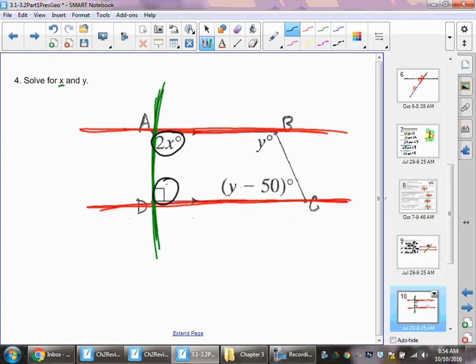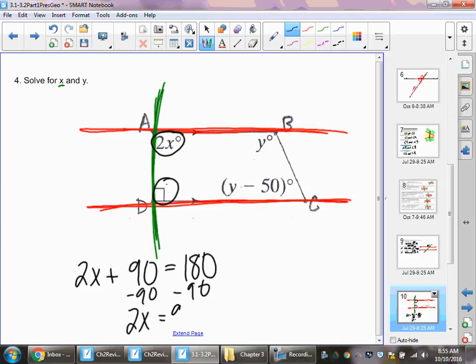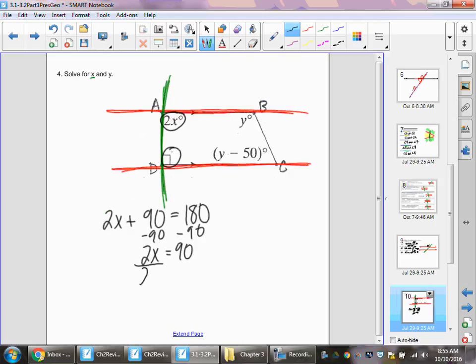So these are same side interior angles, which means they're supplementary. So I'm going to take 2x plus 90 and set them equal to 180 degrees. To solve, I'm going to subtract 90 and left with 2x equaling 90. Divide by 2 to get x alone, and my x is 45.